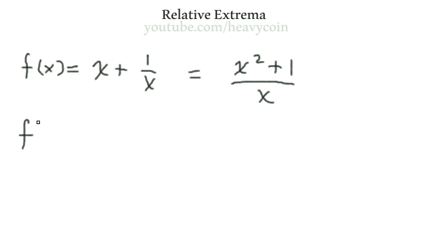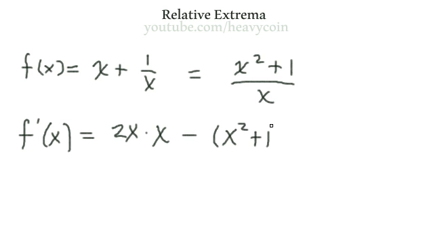So we have f prime of x equals, so take the derivative of the numerator, this is the quotient rule, times the denominator minus the numerator times the derivative of the denominator, and the derivative of x is 1. Okay, and then we put that all over the denominator squared, so we're going to square that.